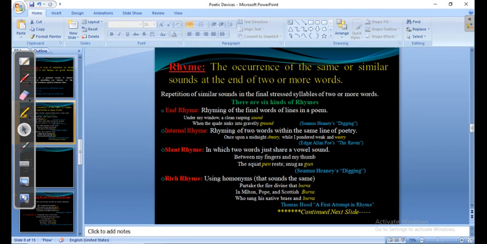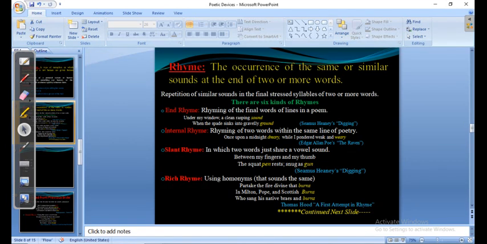The first is end rhyme. End rhyme is what you will see in a few of the poems in class 9th and 10th. In class 9th, it is The Road Not Taken, where you will see a particular rhyming scheme applied by the poet. End rhyme is when the final words of a poem rhyme with one another.